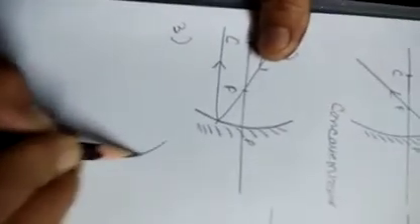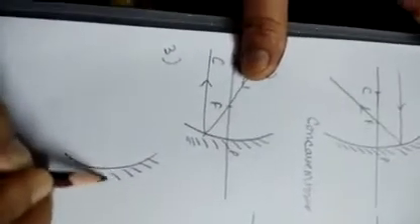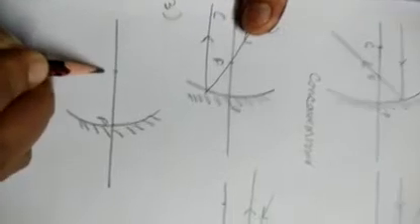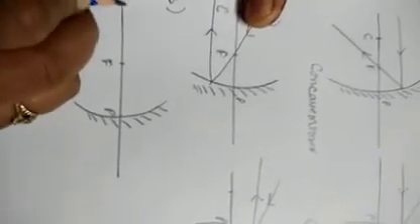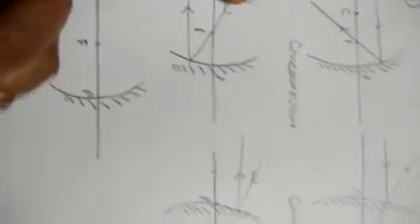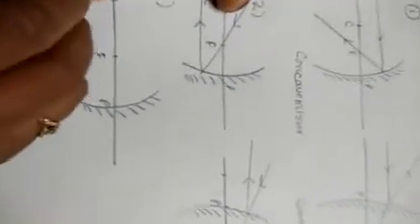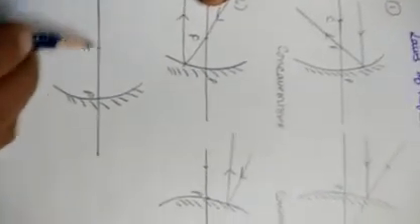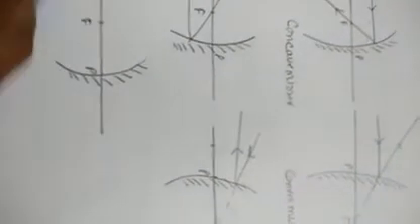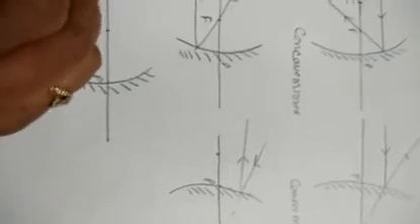The third case is when the incident ray of light passes through the center of curvature. This is the pole, this is the focus point, this is the center of curvature. When a ray of light passes through the center of curvature of a spherical mirror, then it retraces its path, meaning there will be no change in the path of light.